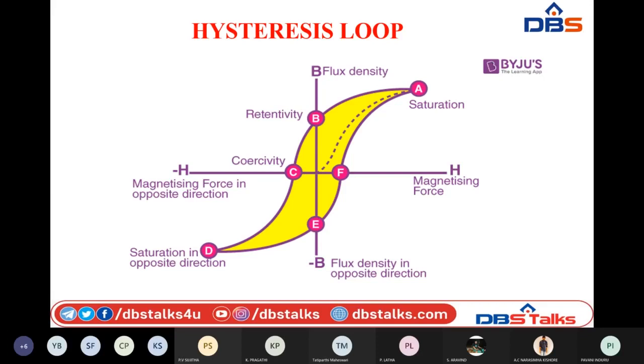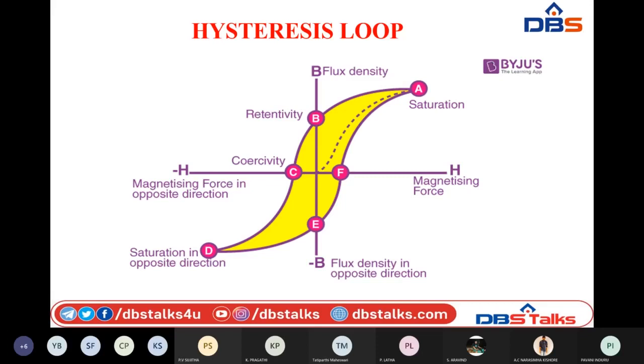When we keep increasing the magnetizing force, B increases until it attains a saturated level. Though we increase the magnetizing force, B will not increase further. This state is known as the saturation state for B.